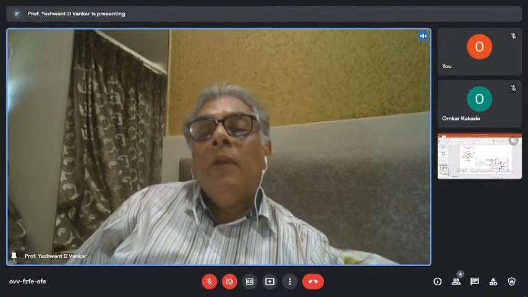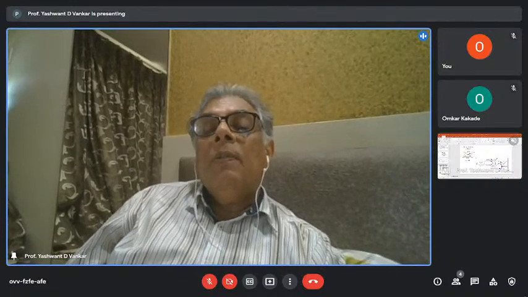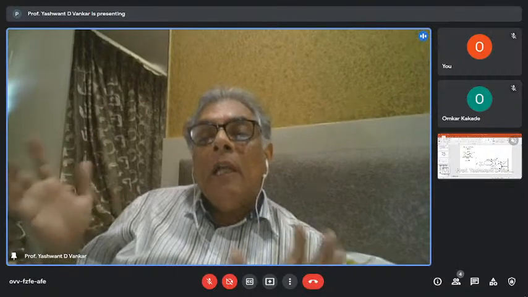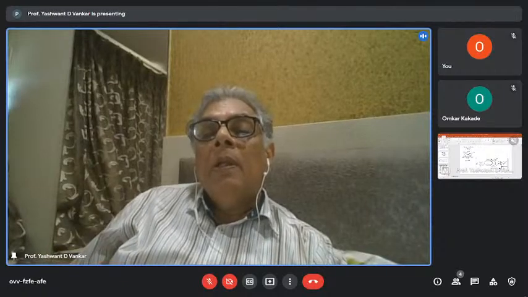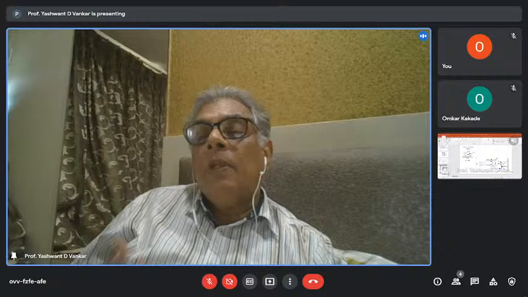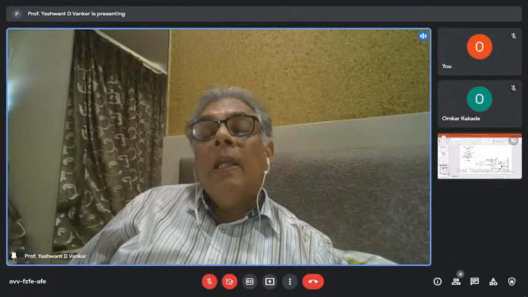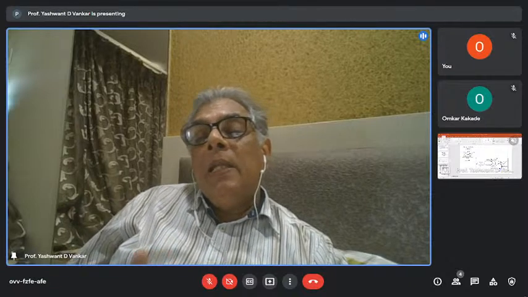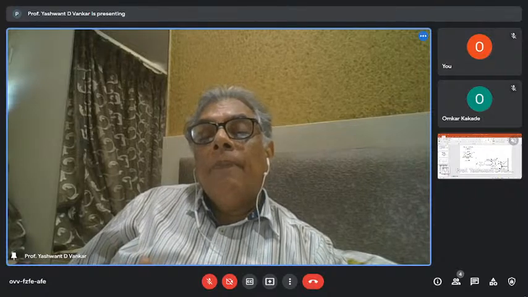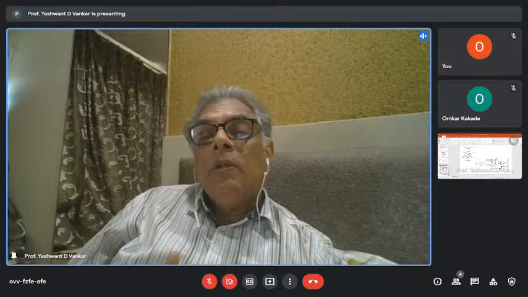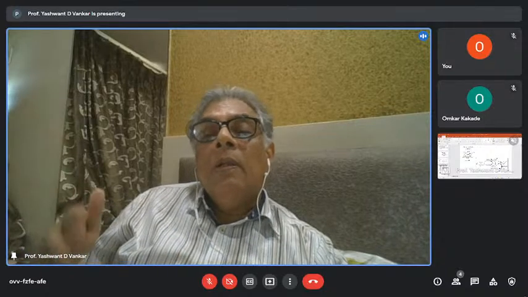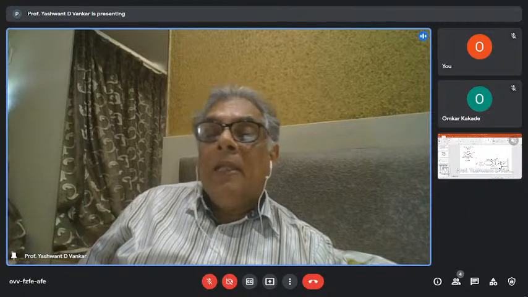On the other hand, 1,4 addition is given by soft nucleophiles. Soft nucleophiles are generally large in size. For example, SH minus or RS minus, that means phenyl S minus, or any other stabilized negative charge. For example, diethyl malonate has a negative charge, and since two ester groups are there, the negative charge gets stabilized.